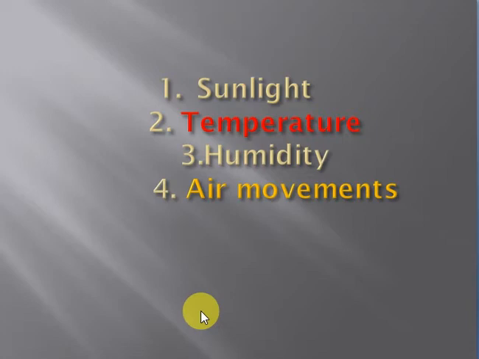And the third point, humidity. Let's see how humidity affects the transpiration rate. A humid air contains a great deal of water vapor. Humidity means that it contains water vapor. It can accept very little water vapor from the plants, and so transpiration slows down.